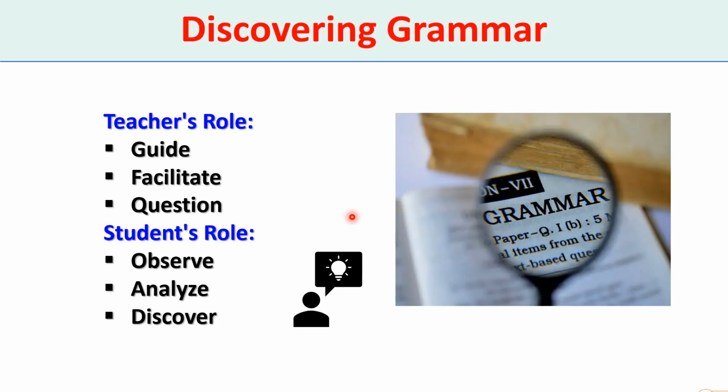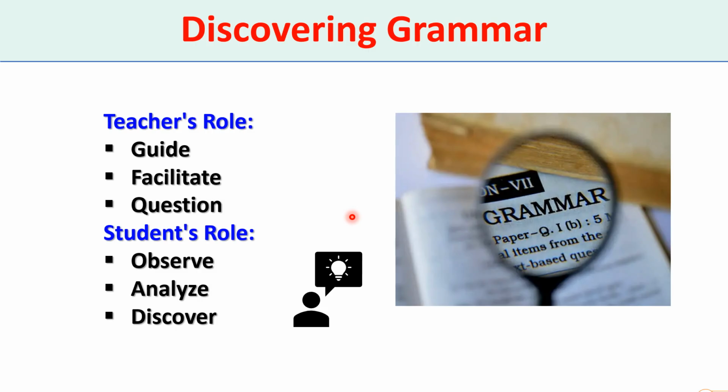And the second is facilitator. Facilitator means the teacher encourages the students to discuss in groups or work in pairs. The teacher walks around the class to check whether all the students in the groups are working together or not, whether they try to discuss or not.